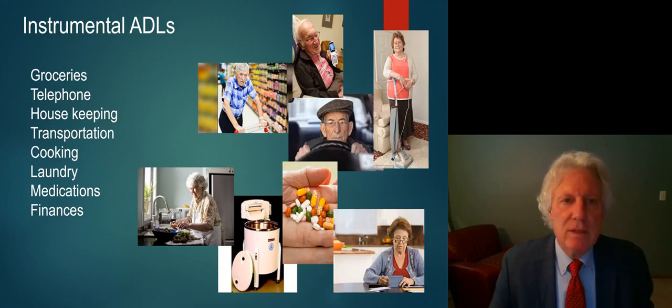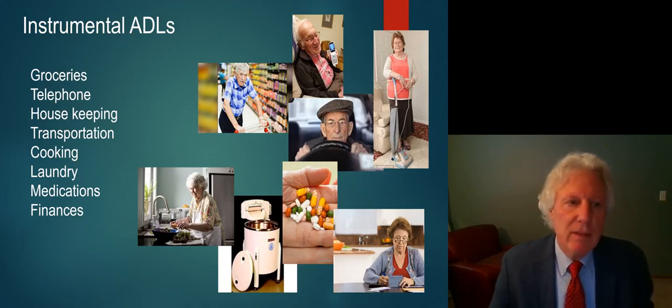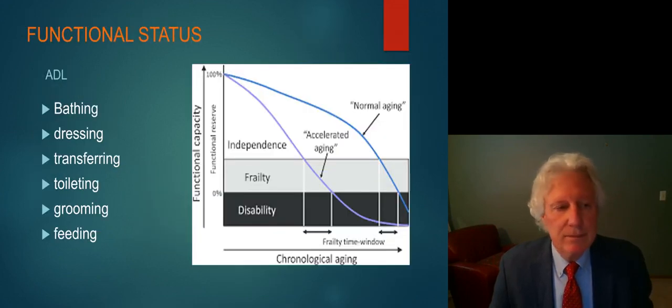So there's somewhat of a pecking order of these instrumental ADLs that decline with either increasing age or with cognitive impairment. And I think most people find that with memory loss, finances really become one of the key issues.